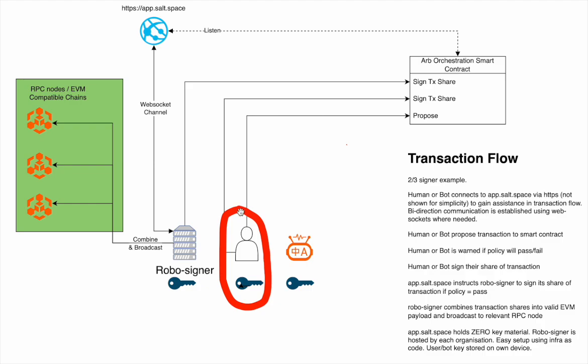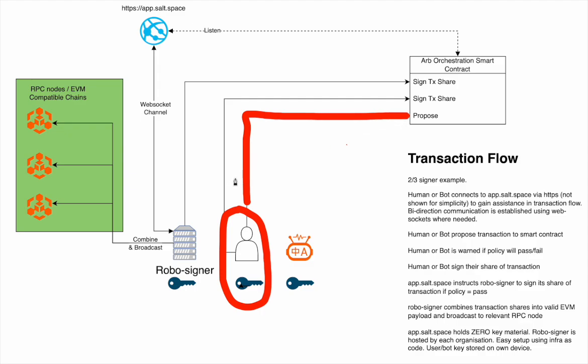Well, using the tools provided at app.salt.space, the human can form a valid proposed payload and send that to the arbitration orchestration smart contract, and each Salt account has its own smart contract using a browser wallet. In this case, let's say they're using MetaMask. So they will propose the transaction that they would like to do.